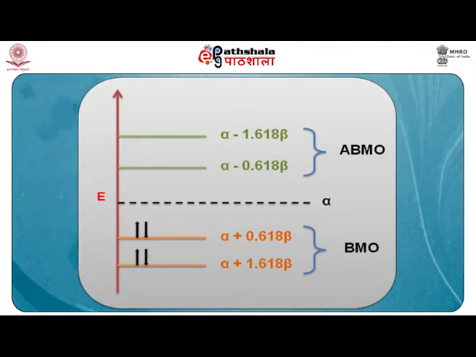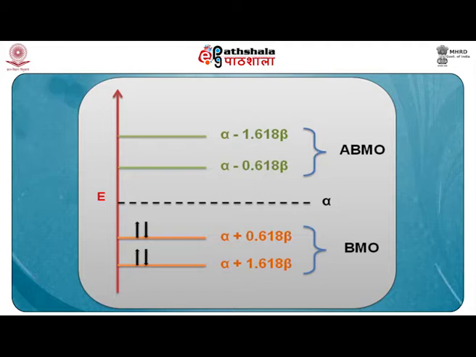Since a molecular orbital cannot contain more than 2 electrons, the first 2 electrons go to the bonding molecular orbital with energy alpha plus 1.618 beta, and the next 2 pi electrons go to the bonding molecular orbital with energy alpha plus 0.618 beta. This gives us the overall HMO energy level diagram for butadiene.